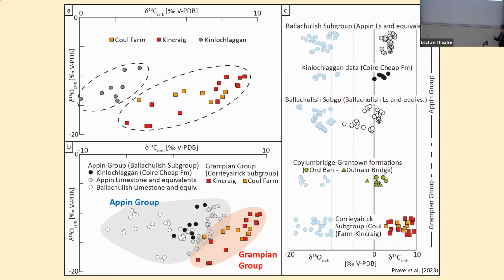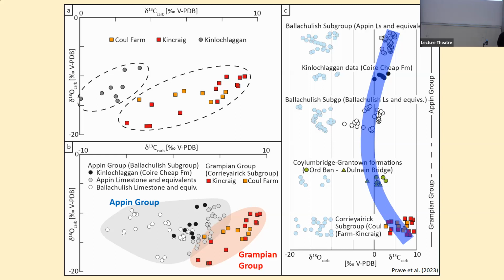Now, in the world that I inhabit, in terms of trying to understand Neoproterozoic Earth history, carbon isotopes are one of the tools in our toolkit. And typically what you can find is that in many of these data sets there is a reasonably systematic trend in the values. If we plot the carbon isotope values in a reasonable stratigraphic framework, one that makes sense in carbon isotope space, we get a fairly systematic pattern from the base of the Grampian group up through these limestones towards the Appin group.